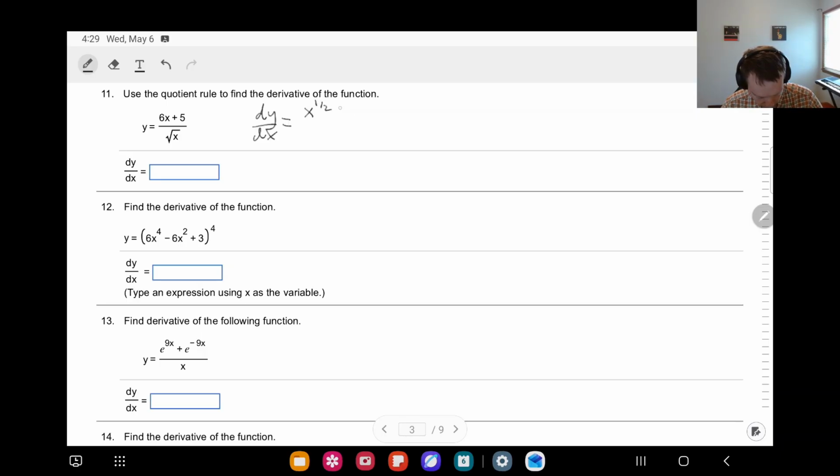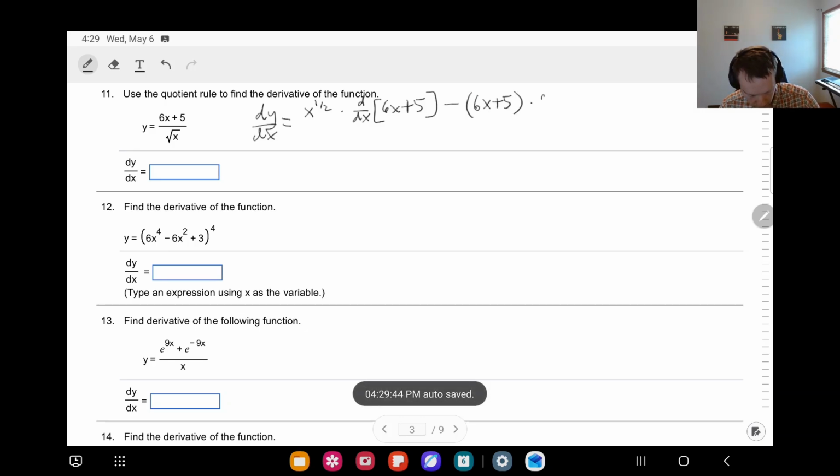So low times d high, d dx of 6x plus 5, minus high d low.